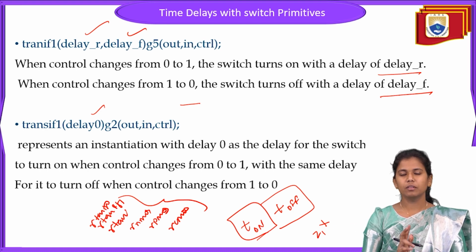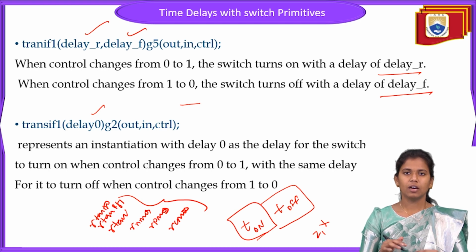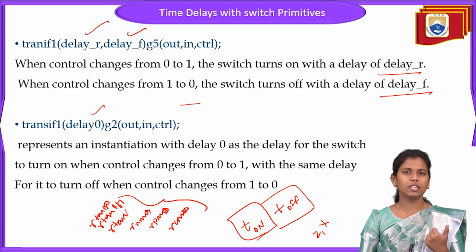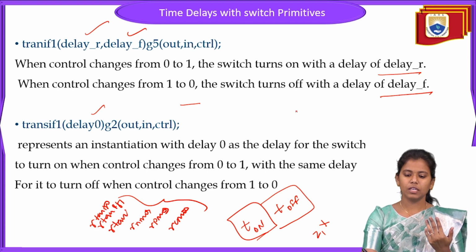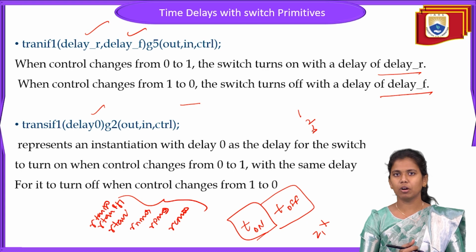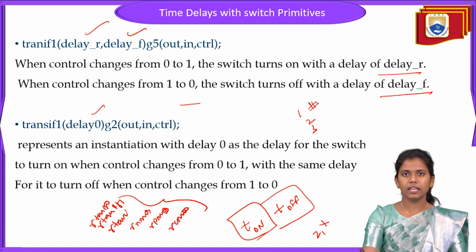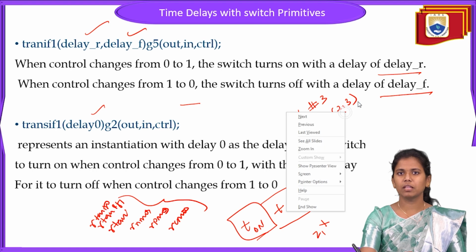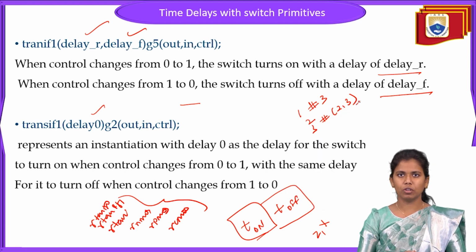So here the main difference when you consider the switch primitives, when you observe the normal switches, we can see the delay representations. The delay representation format could be of three types: 1 delay, 2 delay, and 3 delay format. In the 1 delay format, we usually represent the delay with one number, whereas in the 2 delay format, we represent with two numbers, one with respect to the rise time and the second with respect to the fall time.